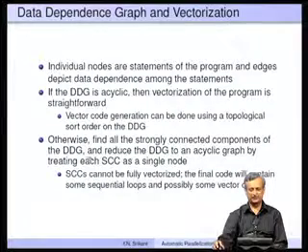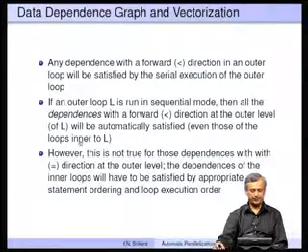What we do is we find all the strongly connected components of the data dependence graph, then reduce the DDG to an acyclic graph by treating each strongly connected component as a single node. The SCCs themselves cannot be fully vectorized, and the final code will have some sequential part and some vector part. Again we are going to see some examples of this. We will come back to this particular slide a little later after looking at an example.